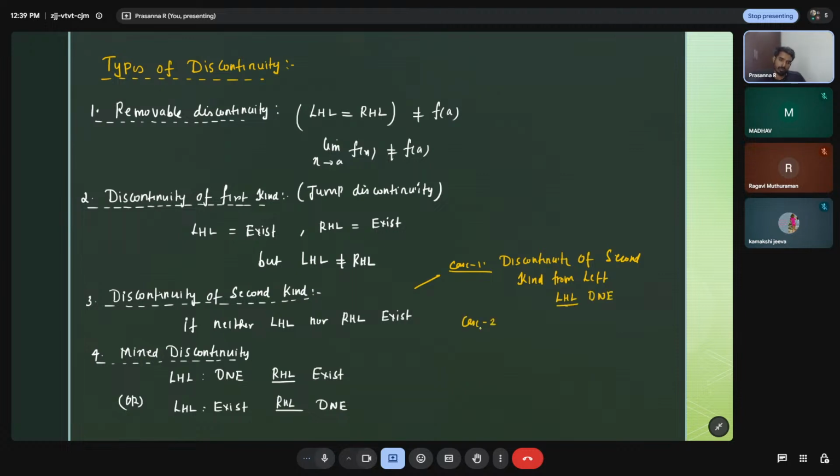Case two, discontinuity of second kind from the right if your RHL does not exist. If both do not exist, you simply say discontinuity of second kind. Okay.